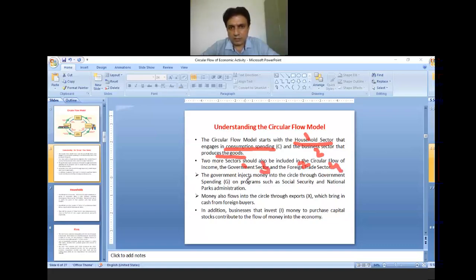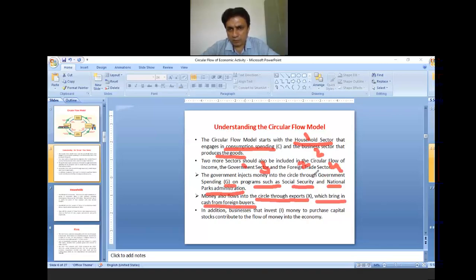The government injects money into the circle through government spending, which is denoted as G, on programs such as social security and national parks administration, etc. The government provides infrastructure or services to the consumer and the business sectors. Money also flows into the circle through exports, which bring in cash from foreign buyers.